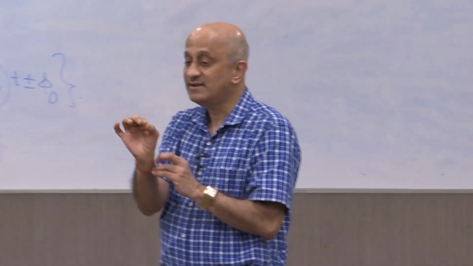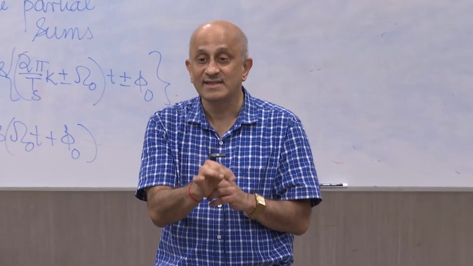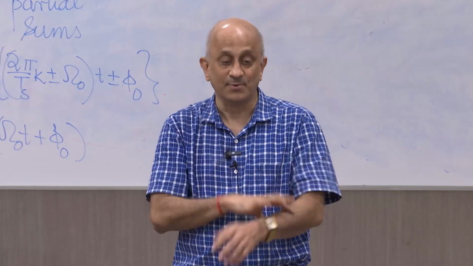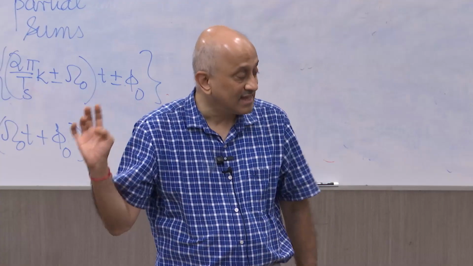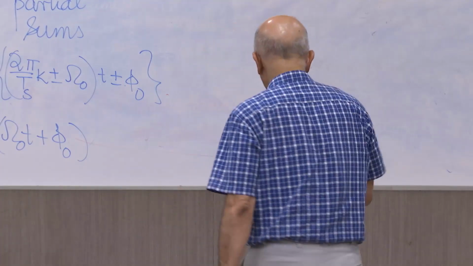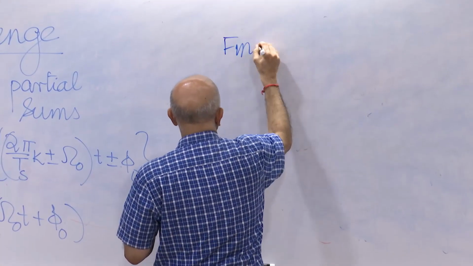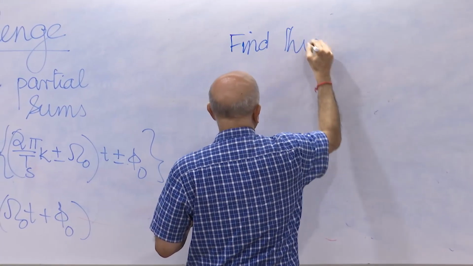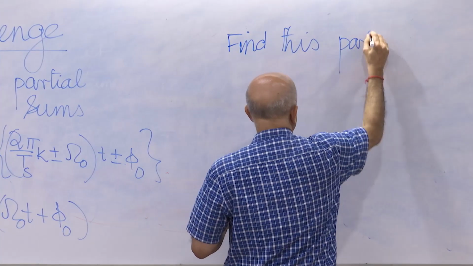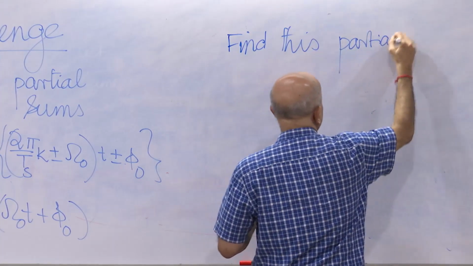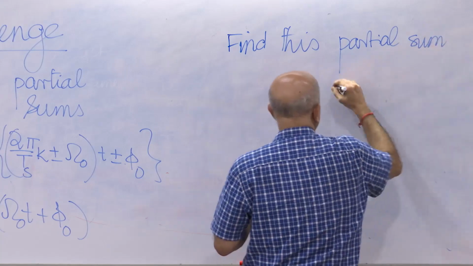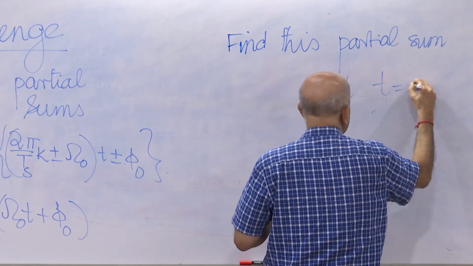So the first question to you, something you can do right now: tell me what is the sum at the points of sampling. That means find this partial sum at t equal to nTs. This is more like a tutorial exercise.